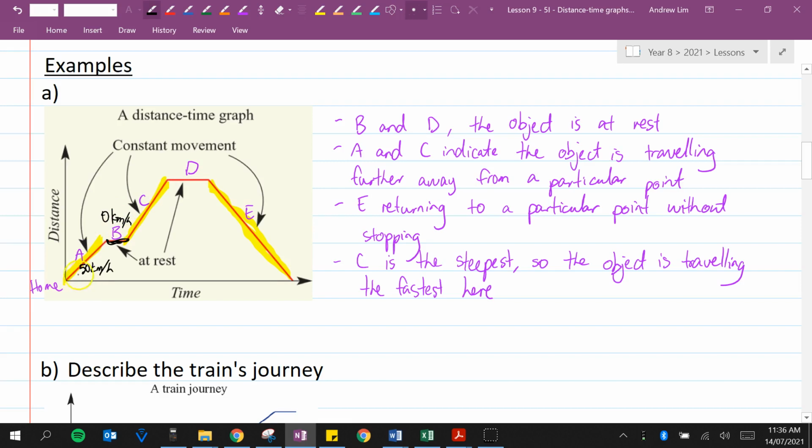Because C is steeper than A, it has to be traveling faster than A. I'm going to write a random one, 70 kilometers per hour. D again, we're not moving anywhere, 0 kilometers per hour. And E looks steeper than A, but not as steep as C, so I'm just going to say that's 60 kilometers per hour. It's just made up numbers, but it makes sense.